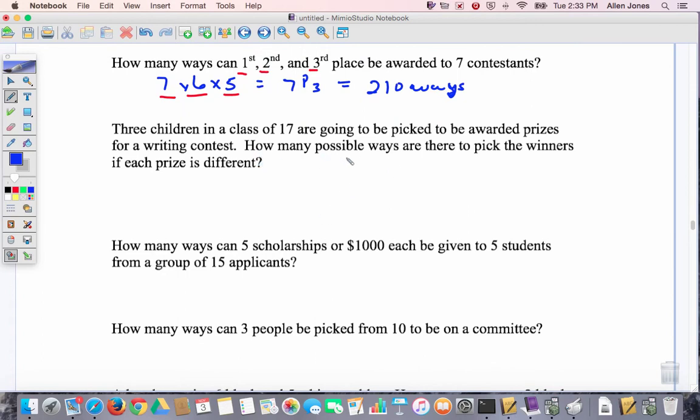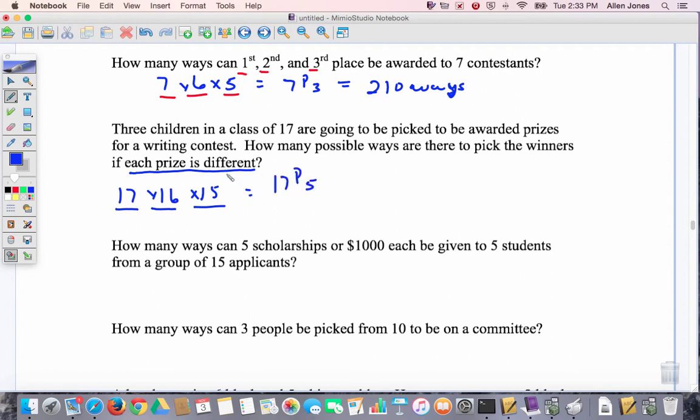3 children in a class of 17 are going to be picked to be awarded prizes for a writing contest. How many possible ways are there to pick winners if each prize is different? Here's the key statement: each prize is different. I'm going to go one more time with the blanks. 17 people can win the 1st prize, 16 people the 2nd prize, and 15 people the 3rd prize.